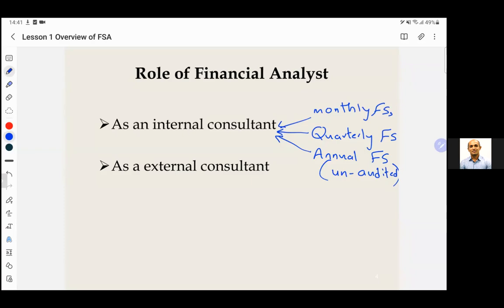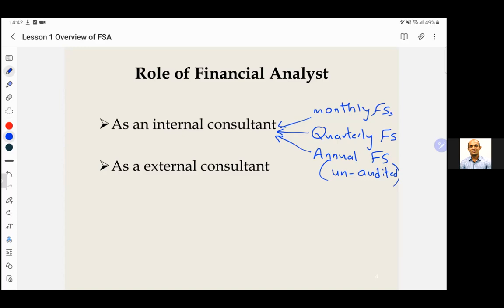Before the audit, the company prepares the financial statements. There are situations where the company may not have applied all the accounting policies. So as an internal consultant, many times you work with such unaudited financial statements.